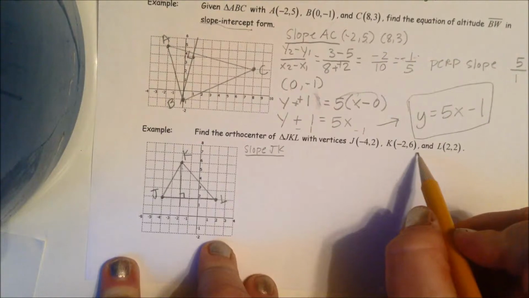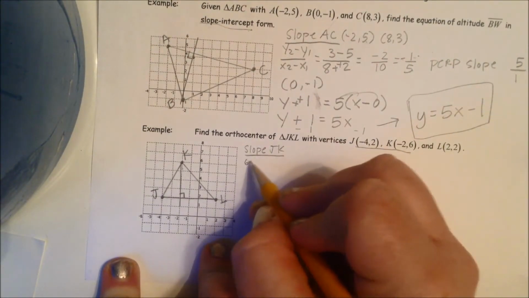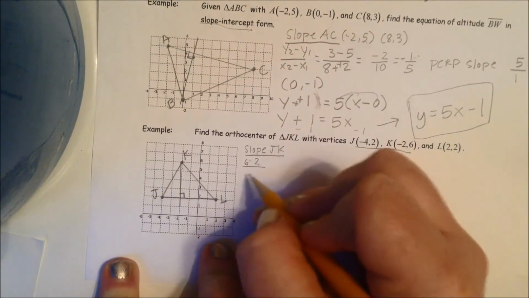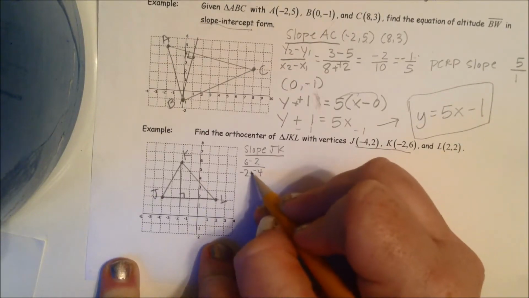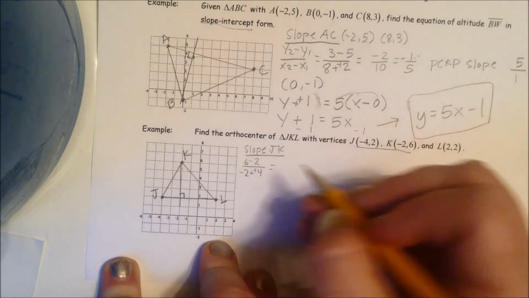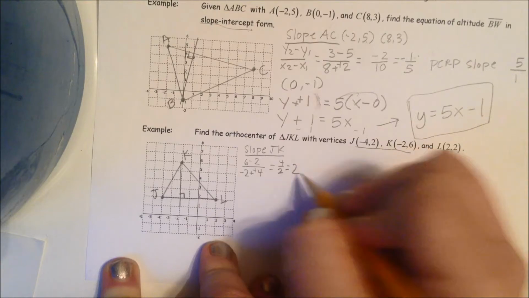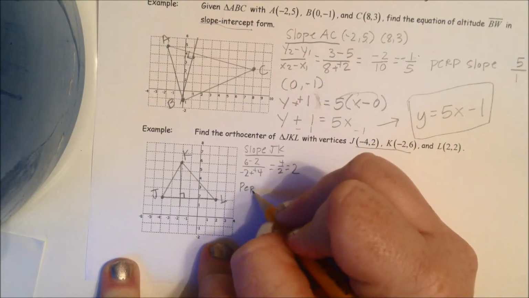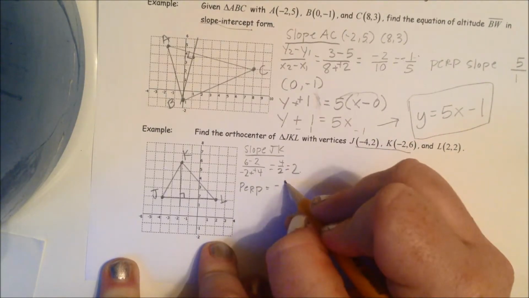Well, the slope of JK would be 6 minus 2 over -2 minus -4. So the slope of JK ends up being 4 over 2, which is the same thing as 2. So the perpendicular slope wouldn't be 2, it would be -1 over 2.